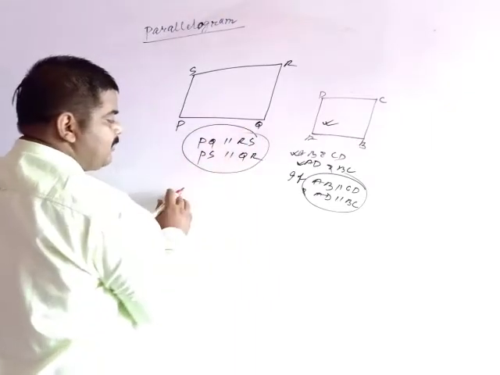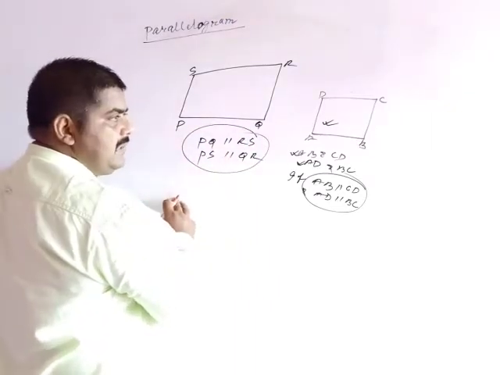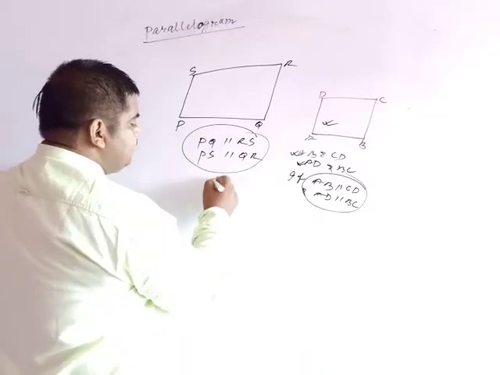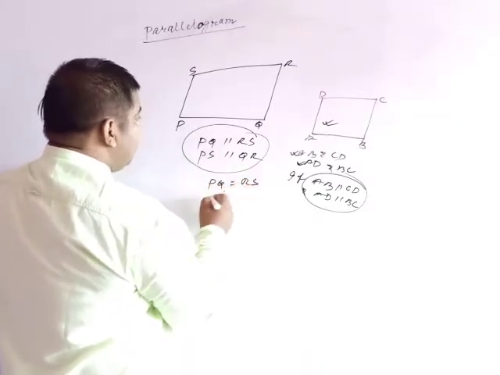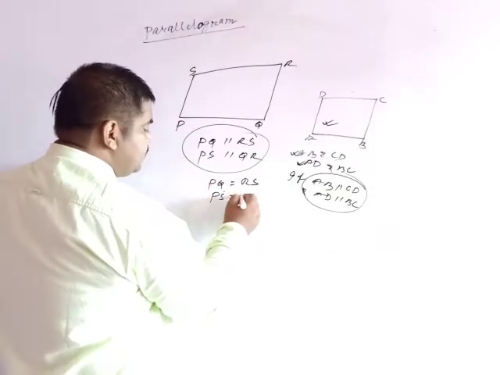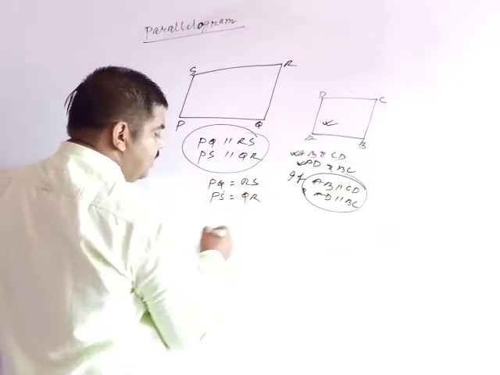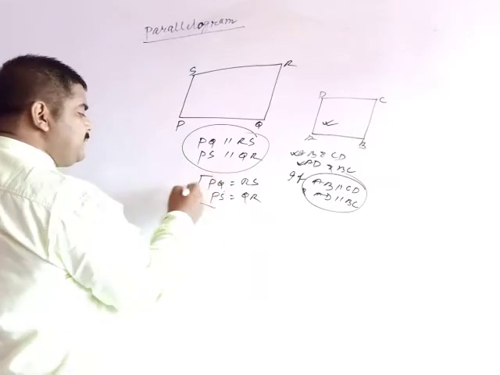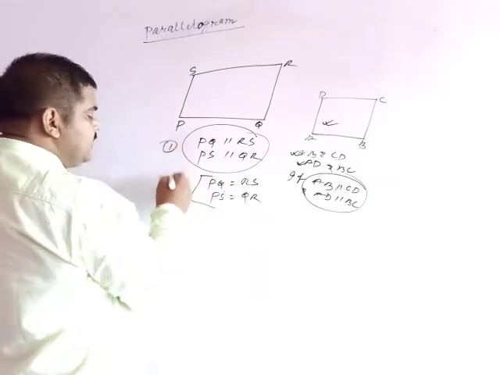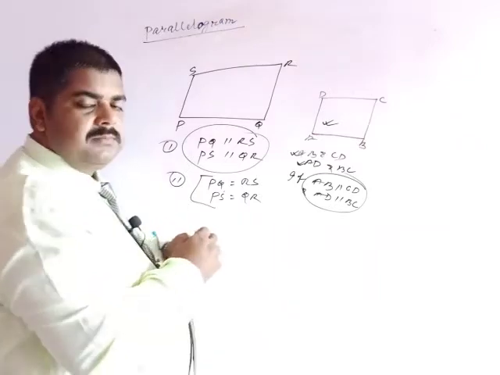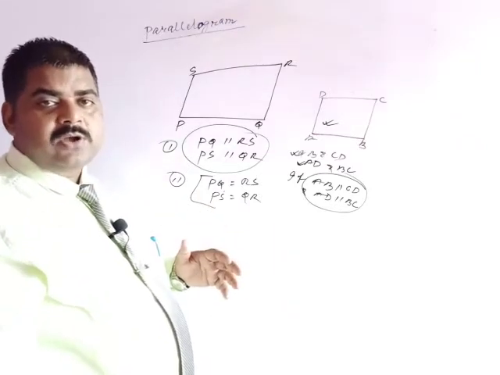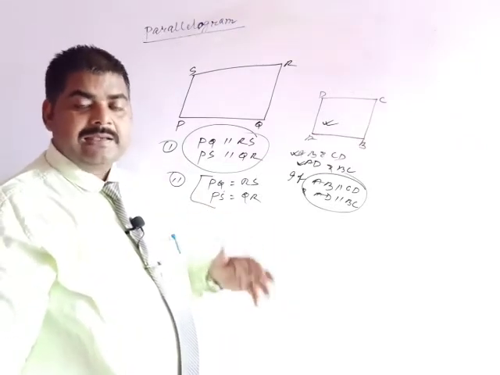The second characteristic, you have to keep in mind, is that PQ is equal to RS and PS is equal to QR. Opposite sides of a parallelogram are equal.